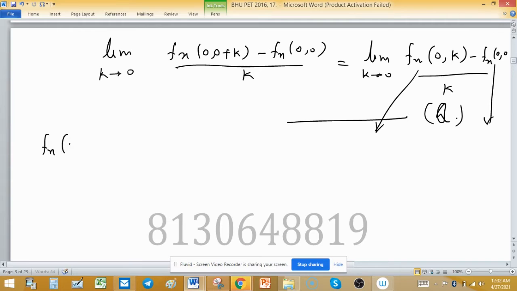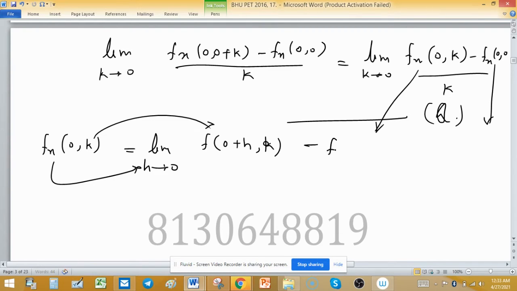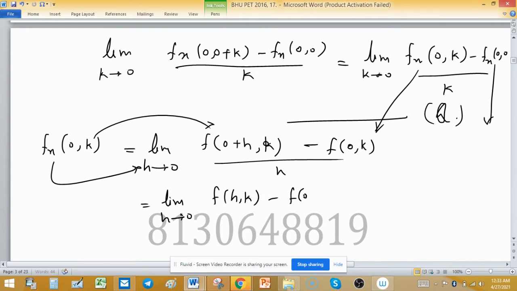First, f_x at (0,k) will be the limit h tends to 0, because we are going to find it with respect to x, of f(0+h, k) minus f(0,k) divided by h, and this is the limit h tends to 0 of [f(h,k) minus f(0,k)] divided by h.